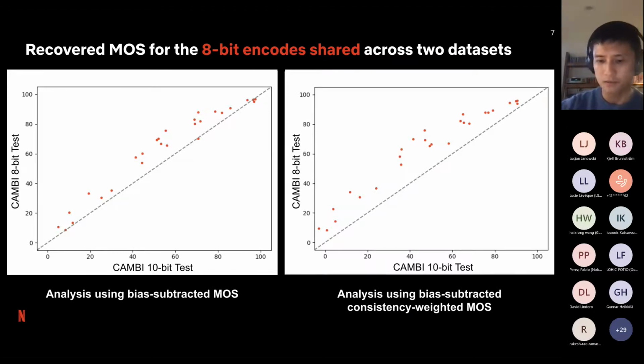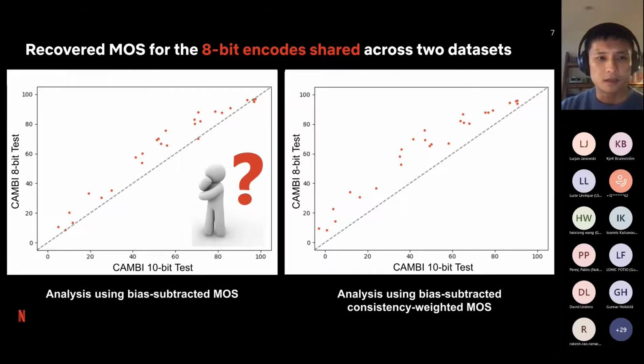We spot a few trends here already. The first trend we see is that there's a systematic bias when we test the same encodes in the 10-bit test. You can see there's a systematic negative bias here. And when we apply the second method, we can see this trend is even stronger.